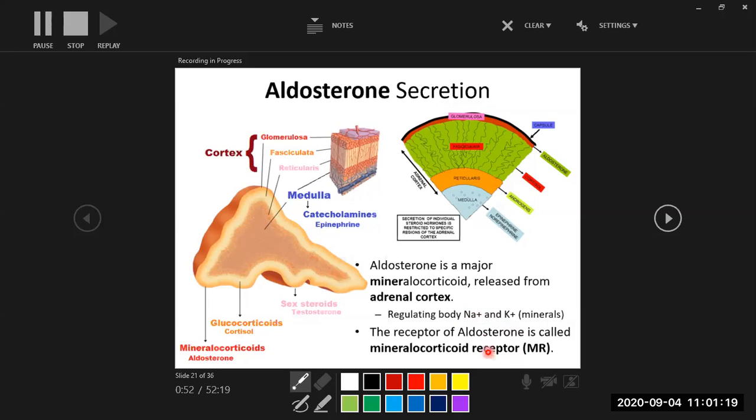It's called mineralocorticoid because this is a kind of mineral. It in fact enhances the reabsorption of sodium and the secretion of potassium. So that's aldosterone.